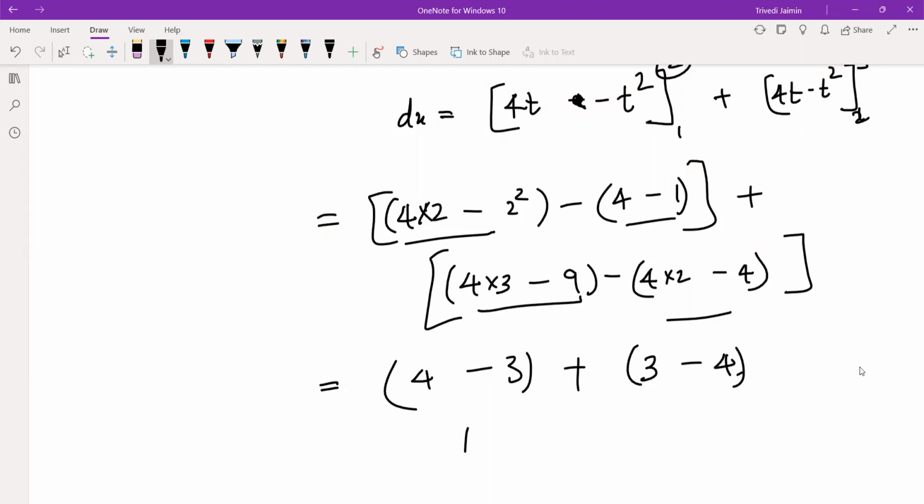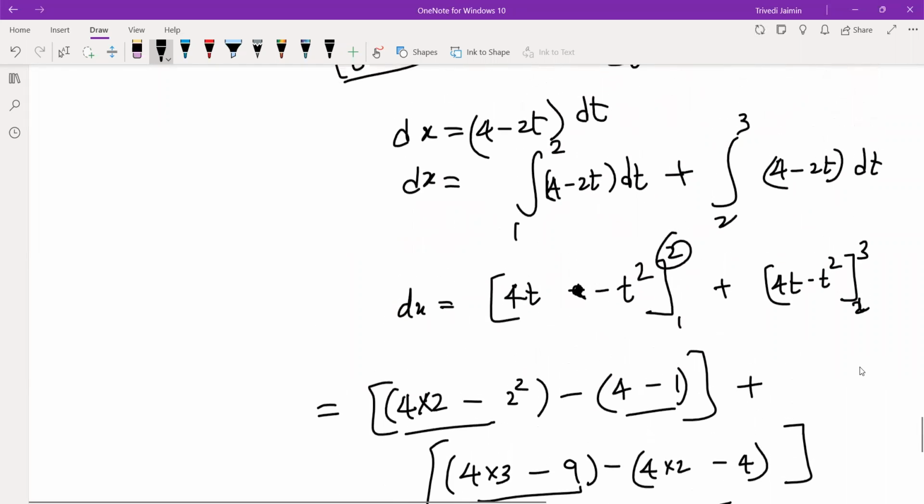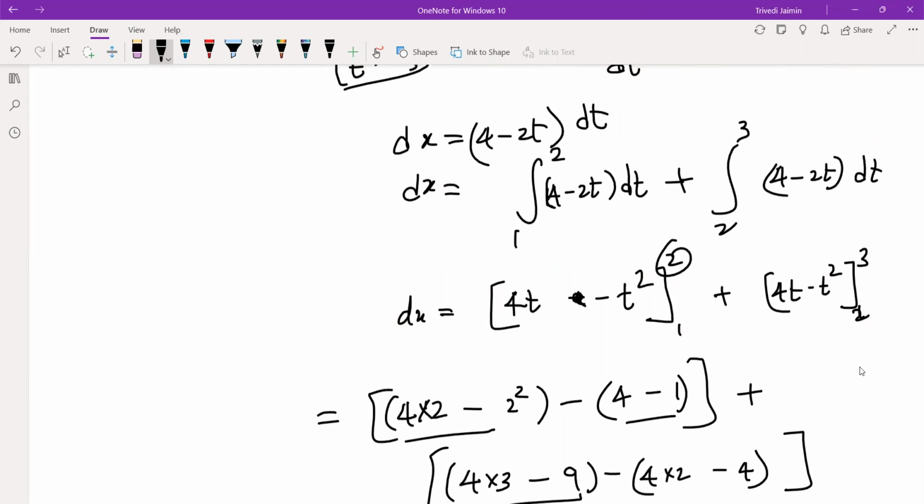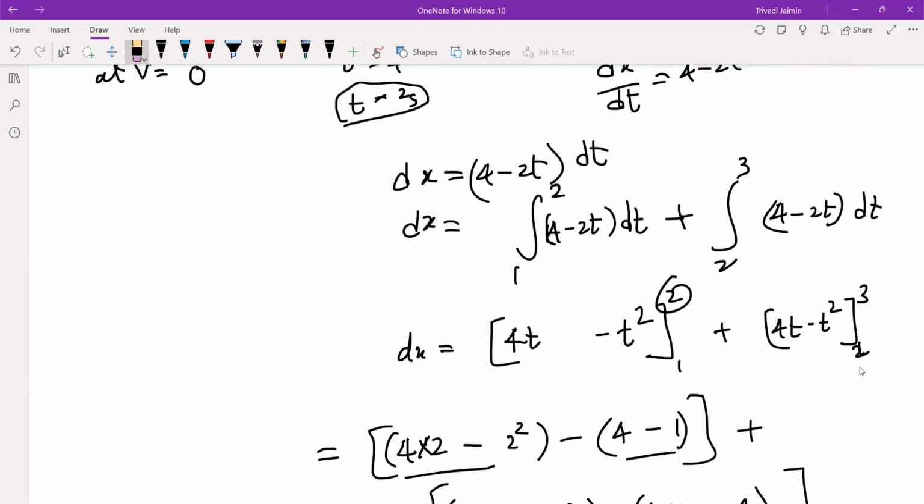Sir, I have another doubt. For the limit, can you scroll up a little? Just a second. I forgot this minus sign. This will be minus 1 minus minus, plus 1, which is 2 meters. Here, dx is equal to... So can we take the limit individually for both, sir?